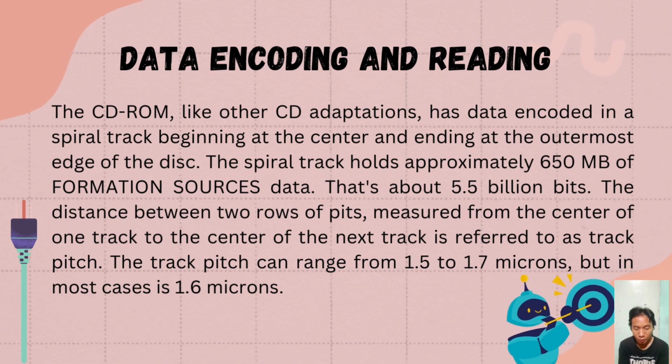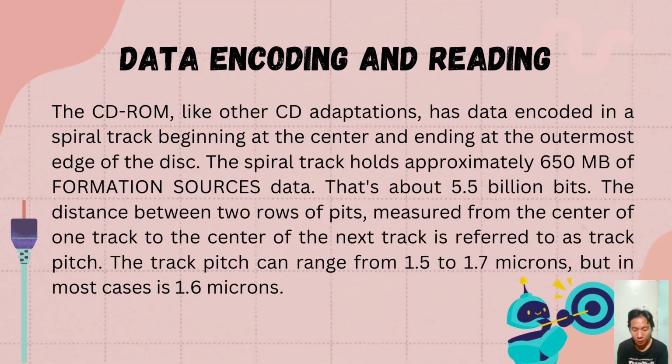The distance between two rows of bytes, measured from the center of one track to the center of the next track, is referred to as pitch. The track pitch can range from 1.5 to 1.7 microns, but in most cases is 1.6 microns.